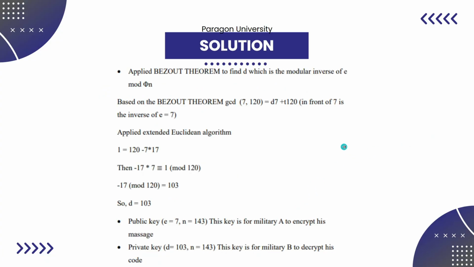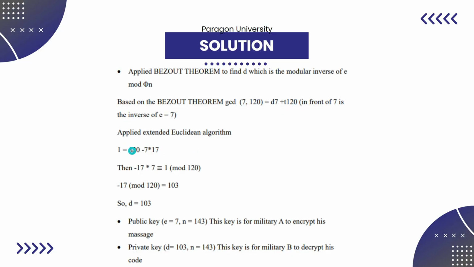Another part is to apply Bezout's theorem to find d, which is the modular inverse of e mod phi. Based on the theorem, this is the form that I talked about a moment ago, and I just changed the letter s to d because it's easier to see.